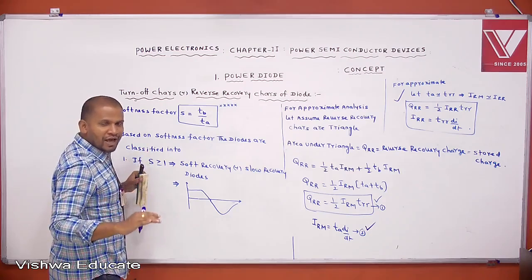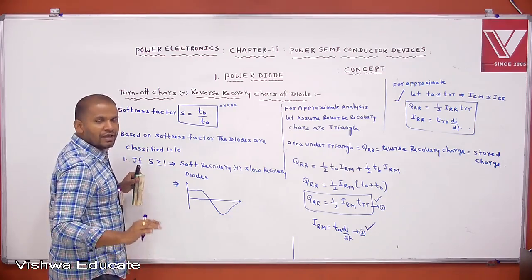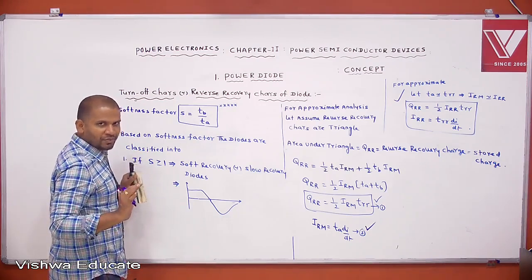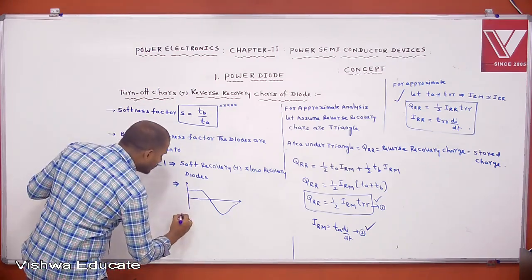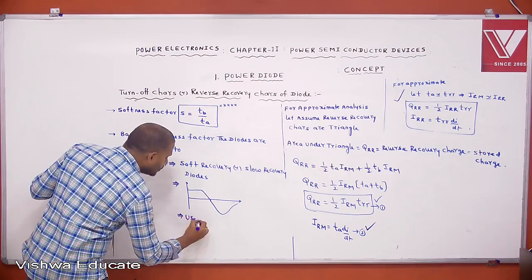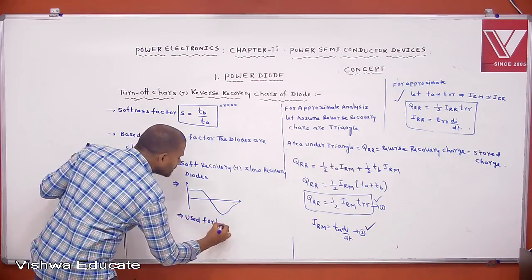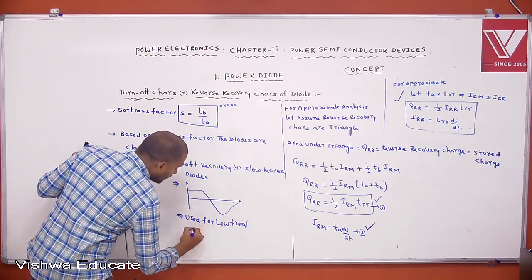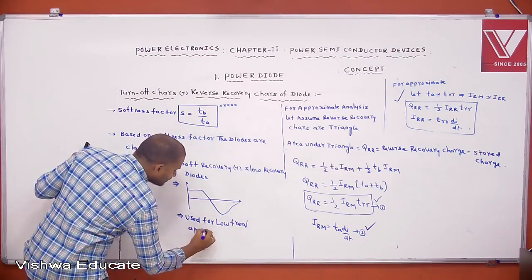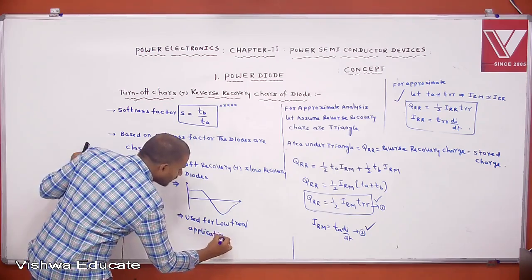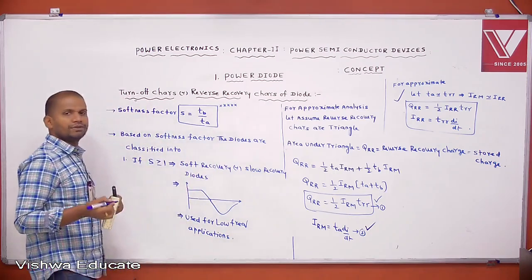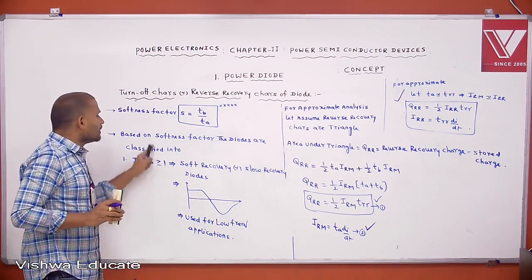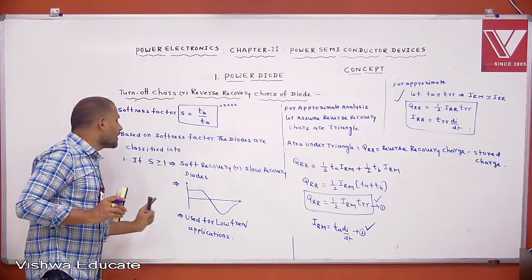Then the frequency of operation is reduced. Hence these diodes are used for low frequency applications. If the softness factor is greater than or equal to 1, those diodes are called soft recovery or slow recovery diodes.